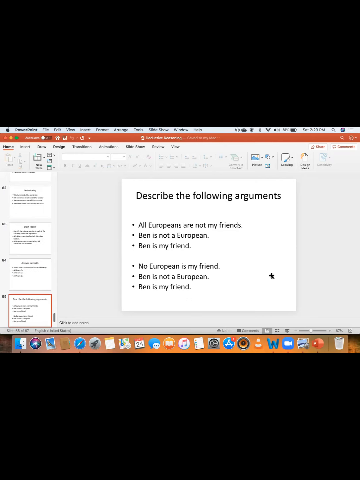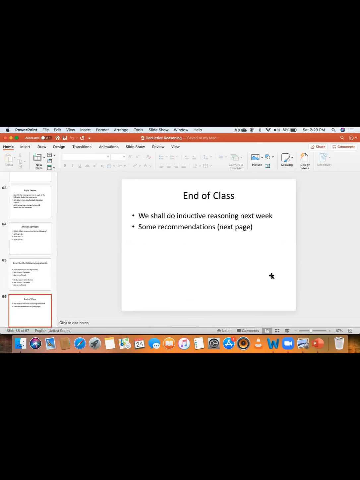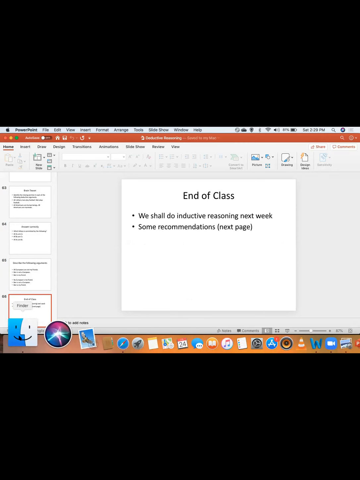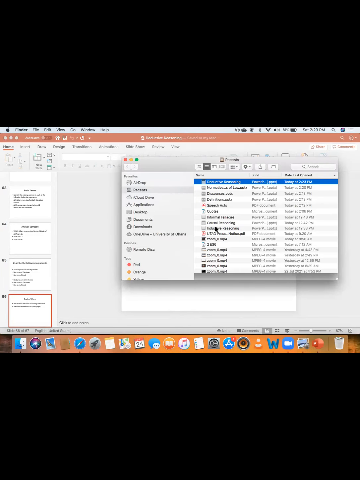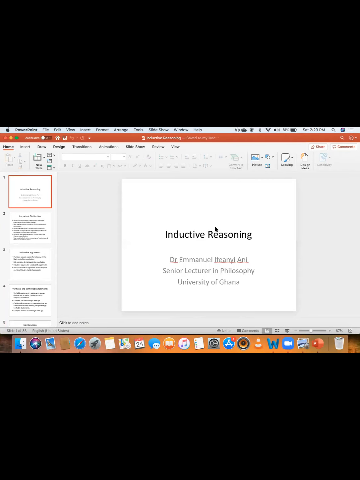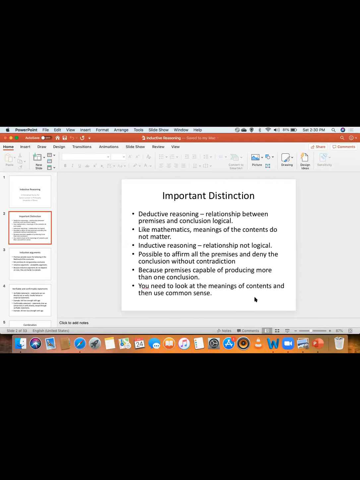And then we went to inductive reasoning. So let's get the slide on inductive reasoning. We said inductive reasoning is reasoning in which the relationship between the premises and the conclusion is not a logical relationship. It's possible to affirm all the premises and deny the conclusion without contradiction.